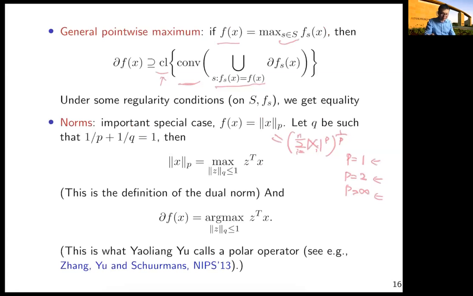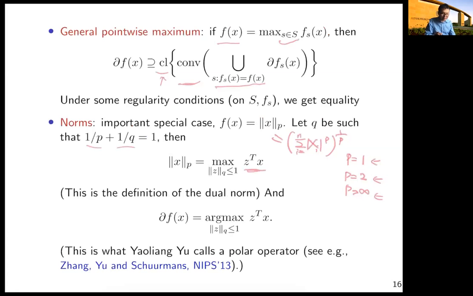We can write these norms in some sense in a dual form, as the pointwise supremum of a set of linear functions. Suppose there's another parameter q that satisfies the condition 1 over p plus 1 over q equals 1.